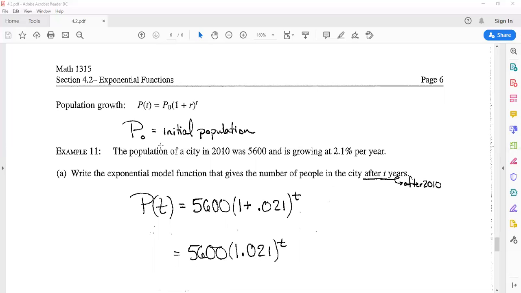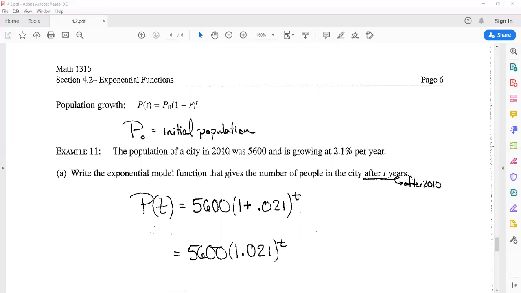So they tell us here in example 11 that the population of a city in 2010 was 5,600, and it is growing at a rate of 2.1% per year. So we'll take T equals 0 to correspond to the year 2010, because they don't tell us anything about what was happening before then. So we'll just pretend like that was the start of time for this scenario.